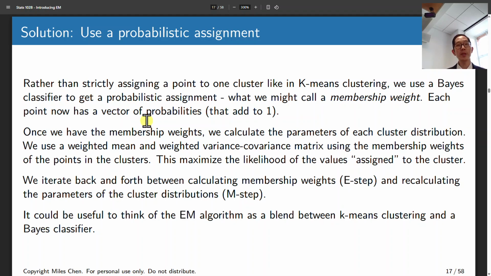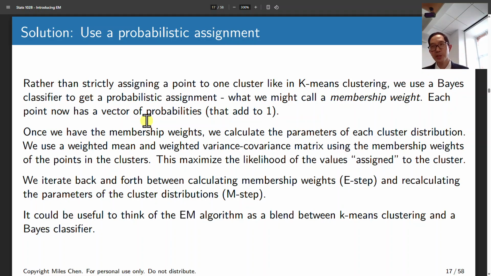And that will maximize the likelihood of the values that are, quote, assigned to each cluster. And we're going to iterate back and forth between calculating the membership weights, or estimating these missing values, and then recalculating the parameters of the cluster distributions, okay, the mean and the variance.